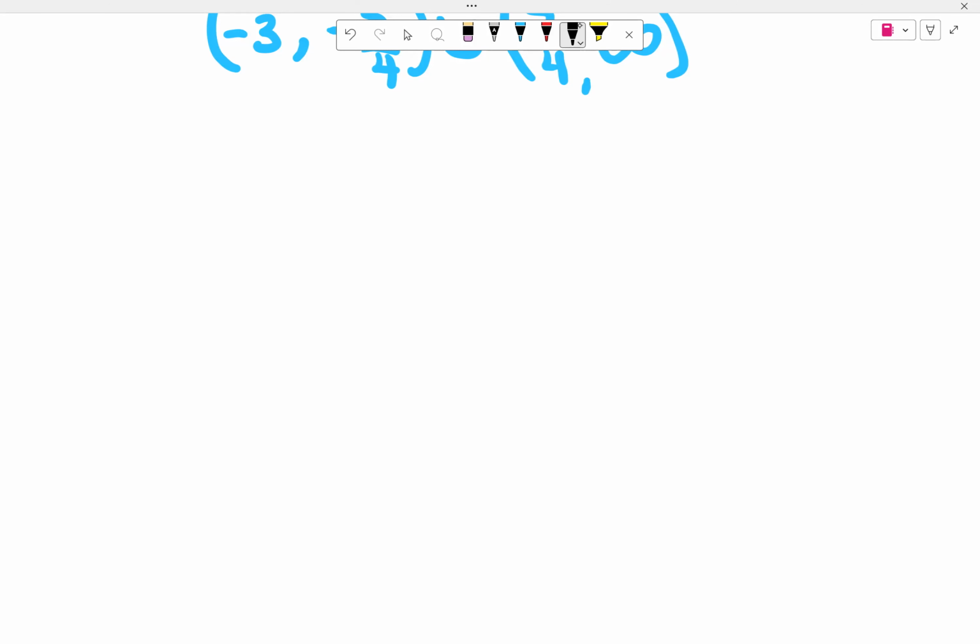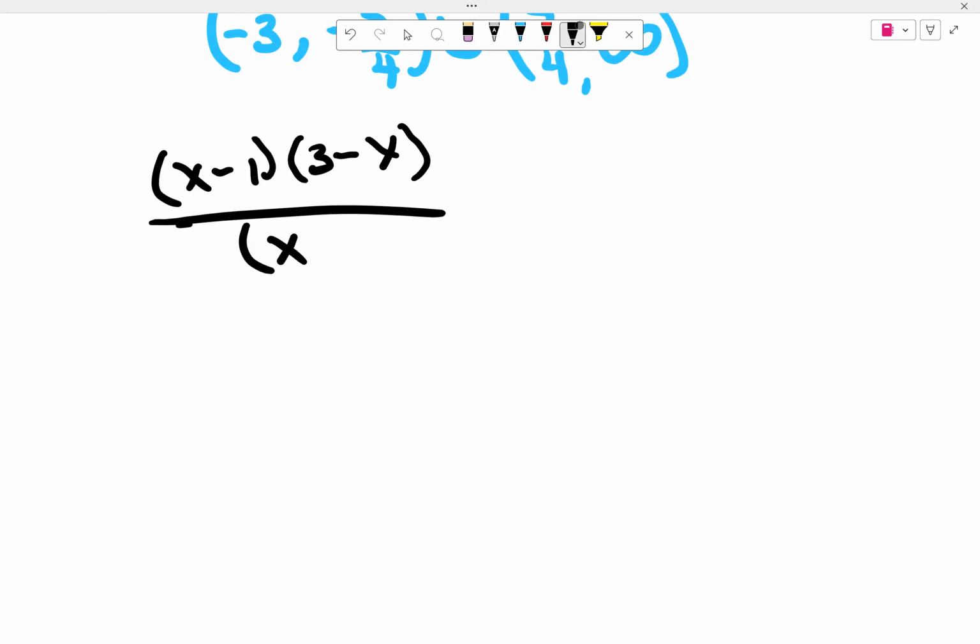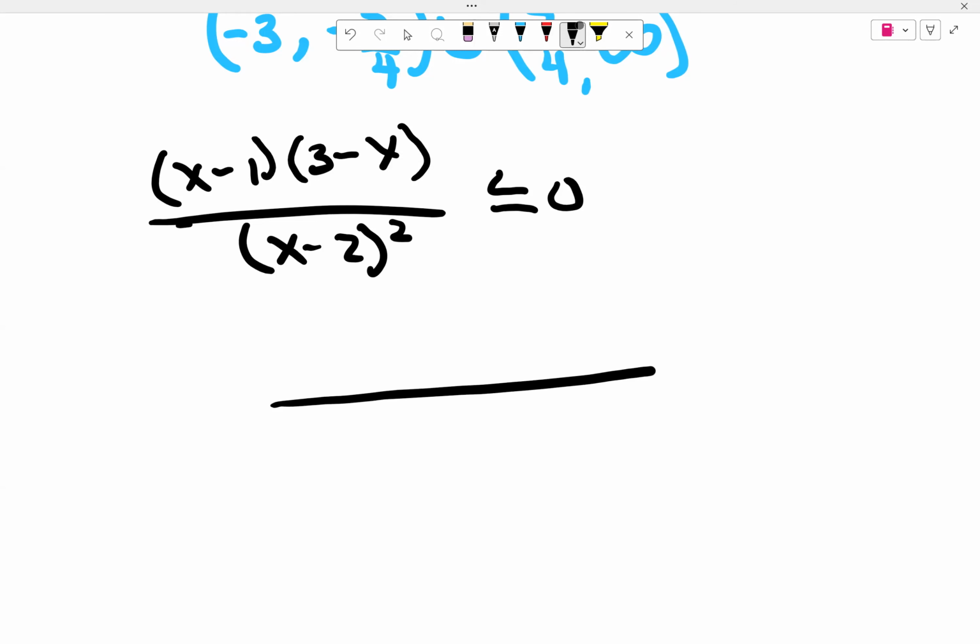Number 10. Number 10, you have an x minus 1, you have a 3 minus x, and this is all over x minus 2 squared. This is less than or equal to 0. And so for this one, I'm thinking that if I look at these intervals, I'm looking here at negative infinity, here's positive infinity.